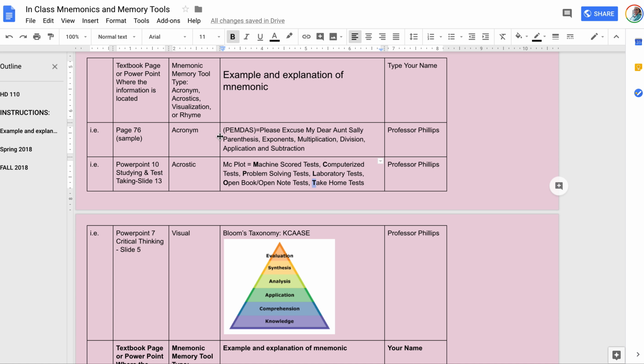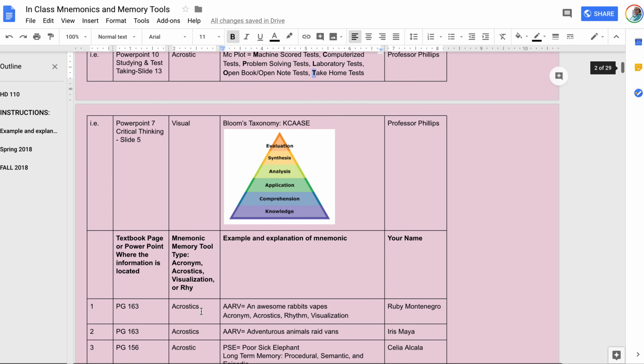Scuba means self-contained underwater breathing apparatus, right? But if you were to put some letters together and it didn't make another word, like it was some jibber jabber, then that would generally probably fall under the acrostic category. It just depends on what you create.